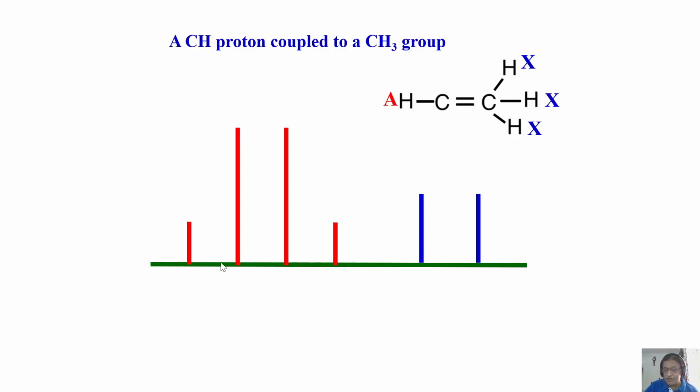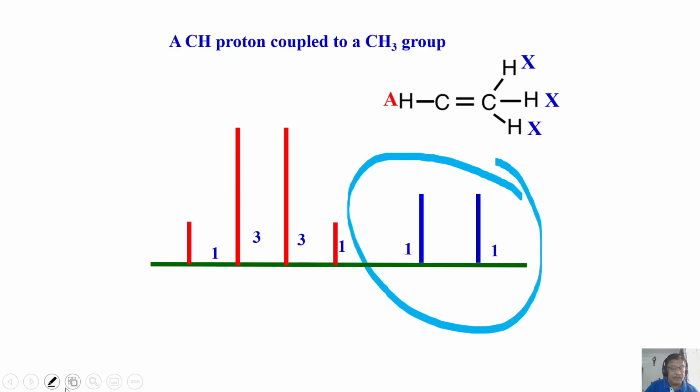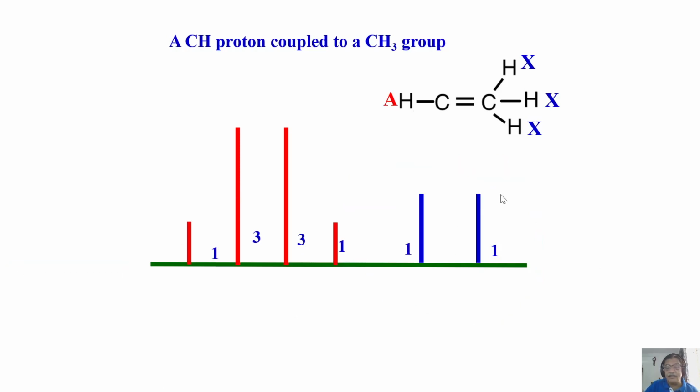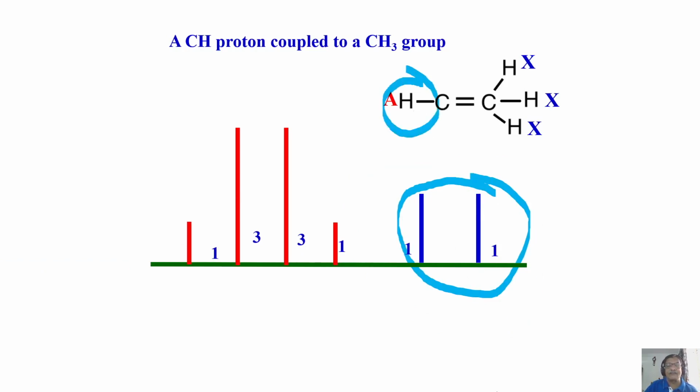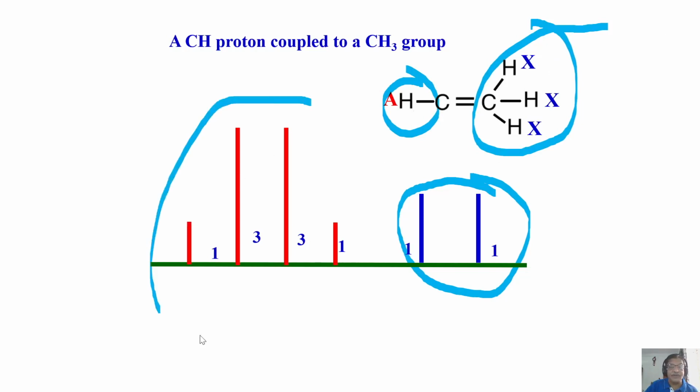CH3 comes in the high field region. So this CH3 will be a doublet because of the CH. Now if you consider this CH, it is going to be a quartet because of this CH3, of intensity 1331.